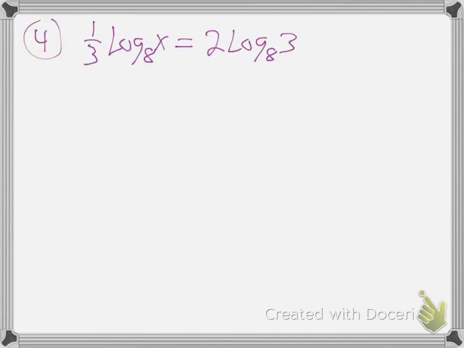Okay, so on this one, same thing. They want us to solve for x. So what are you going to do with those numbers in front of the logs? Take them to the power.